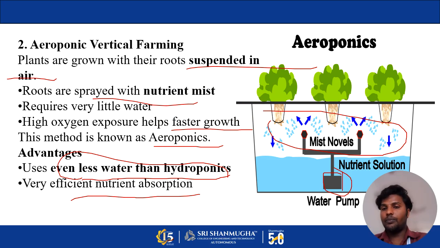The nutrient solution is converted into small droplets, which is the better form for roots to absorb. I hope you can understand how aeroponics works from this picture. Okay, we can move to the next type.